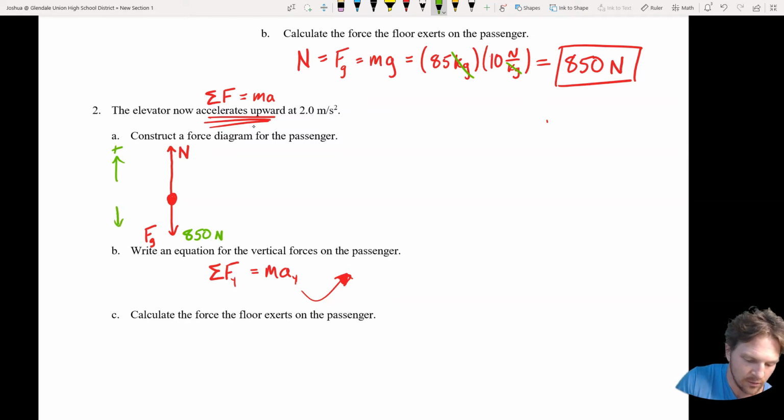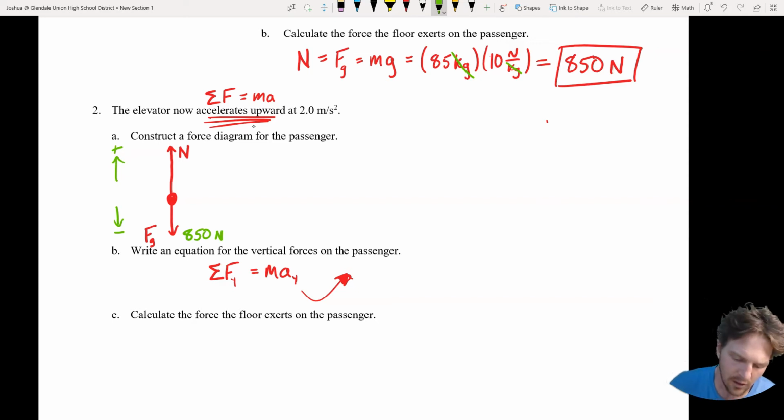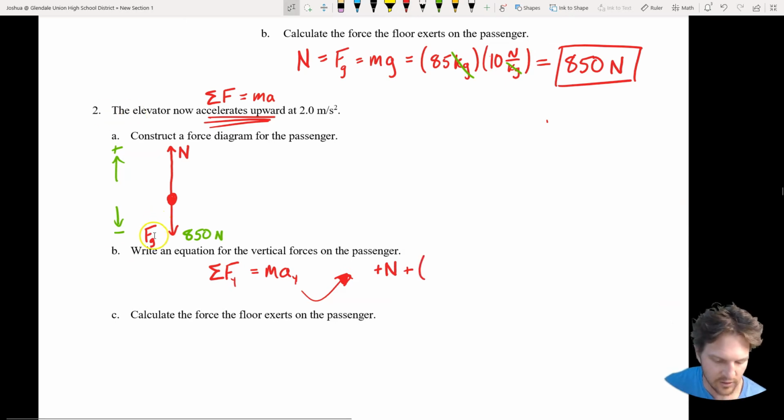Anything going down, we generally say is the negative direction. Okay. So up would be the normal. So positive normal force plus, because it's a summation, right? It's a sum, plus anything going down. Well, force of gravity is going down, so it's negative Fg.